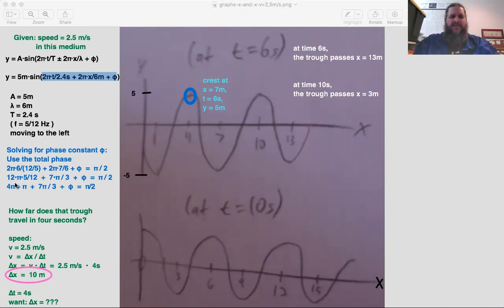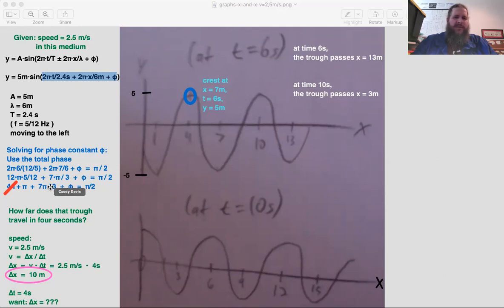We can just leave off that 4 pi. Because if you're pointing in some angular direction and you go one full cycle and another full cycle, you're still pointing in the same direction. An extra plus 2 pi or an extra plus 4 pi or plus 6 pi or minus 2 pi, plus or minus any whole number of 2 pi can be ignored. So I would just treat this as pi plus another 7 pi over 3.